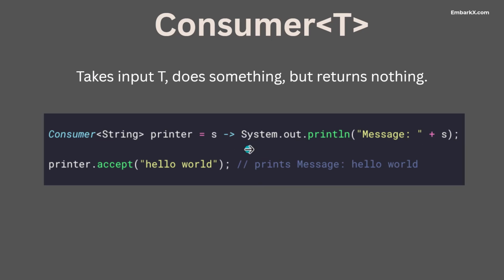Consumer is normally used when you want to print or log something, but you want a parameter as well. You can see printer.accept is how you can use it, and you can pass in the parameter. So it prints this message, hello world. So this is Consumer.